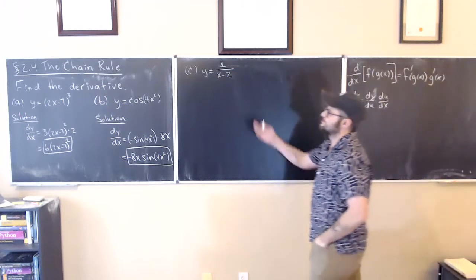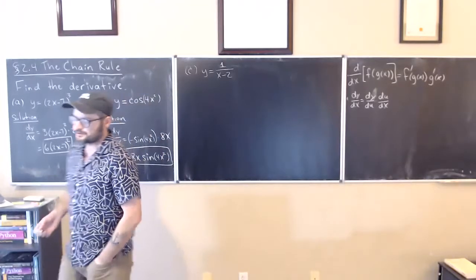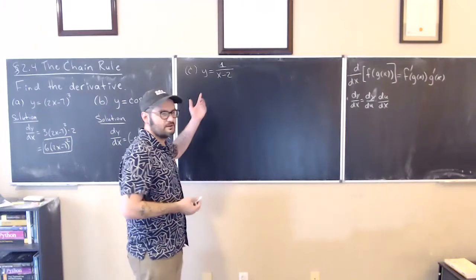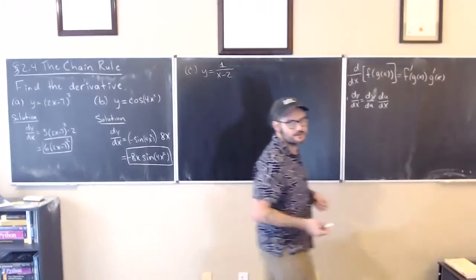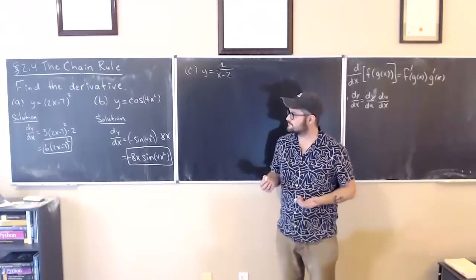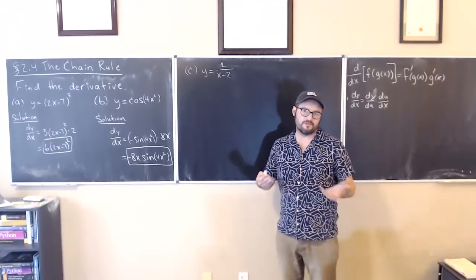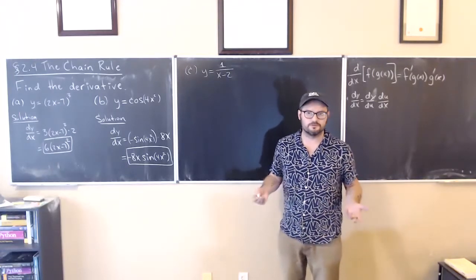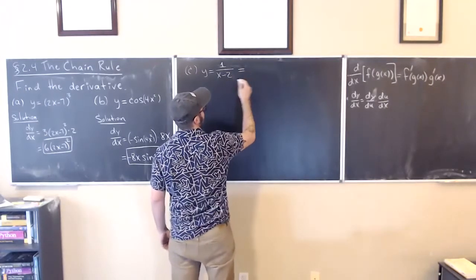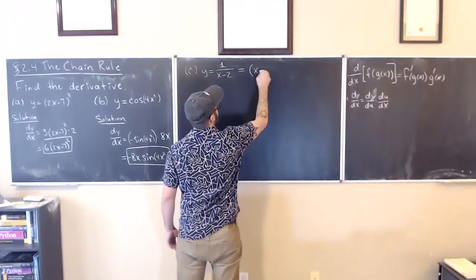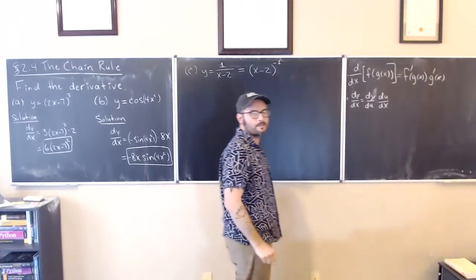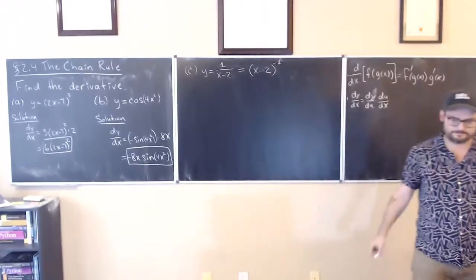So now here, this is an example where the quotient rule applies. This is just why I don't remember the quotient rule, because whenever I see a ratio like this, I will convert it into a chain rule problem, together with maybe a product rule. So just note that this is also the same as saying (x minus 2) to the power minus 1, right?